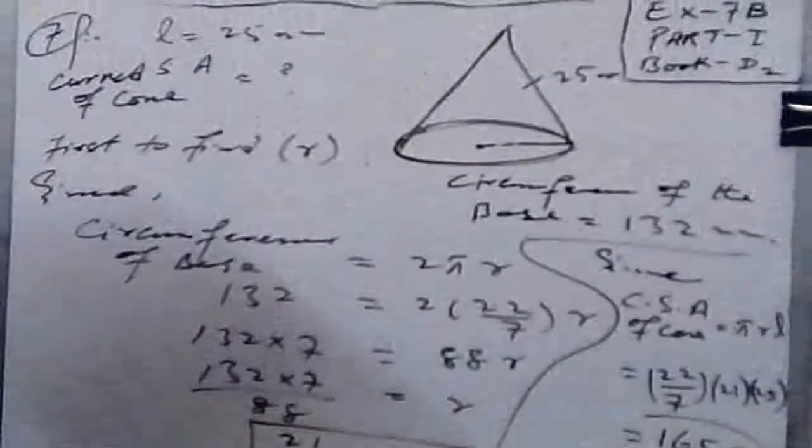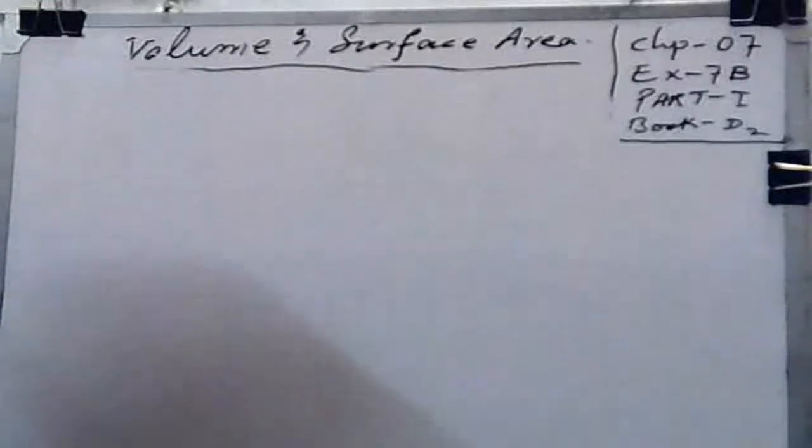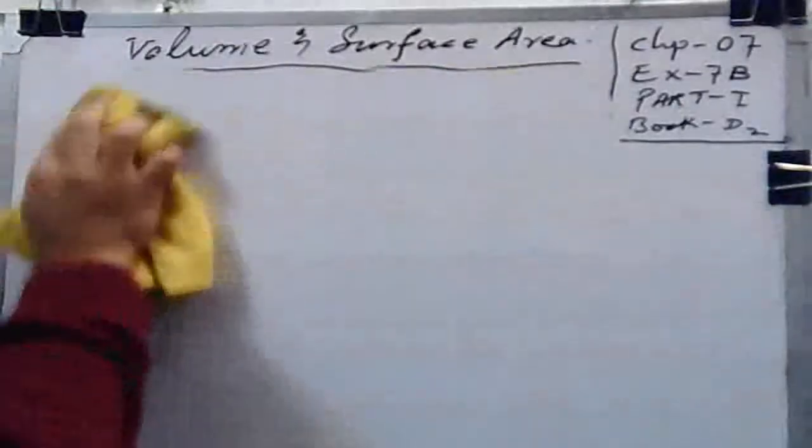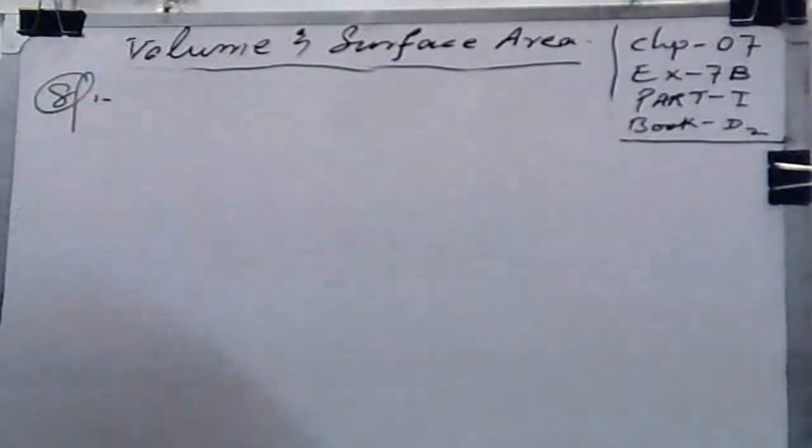Coming to question number 8. A cone has a circular base of radius 14 centimeter and total surface area 1012 centimeter square. Find the slant height of the cone.